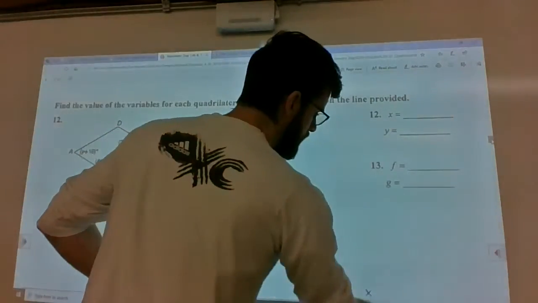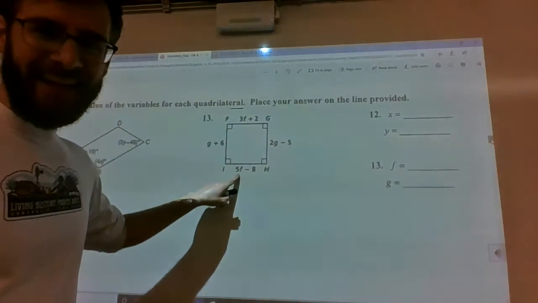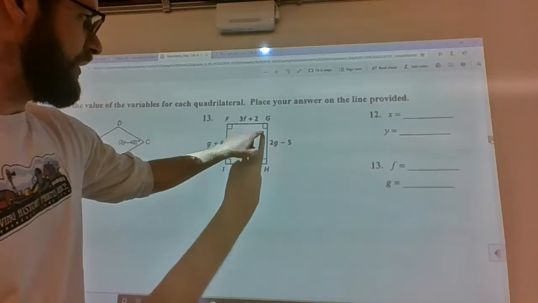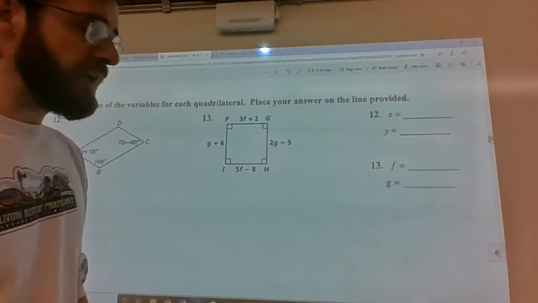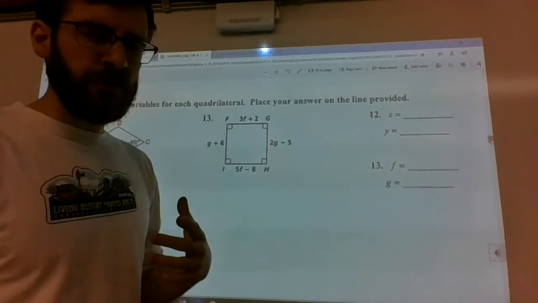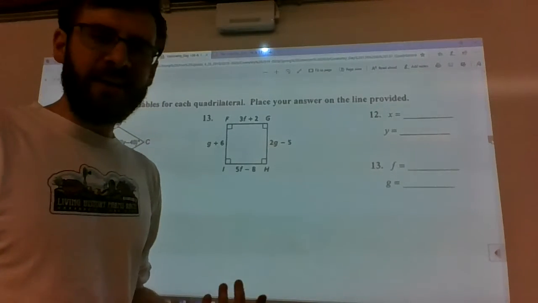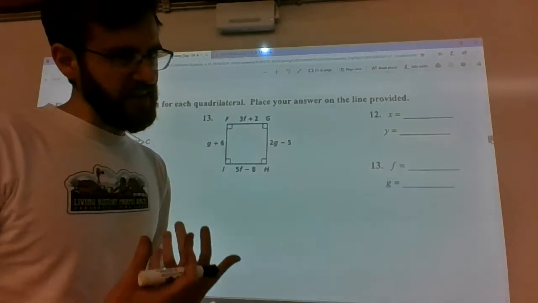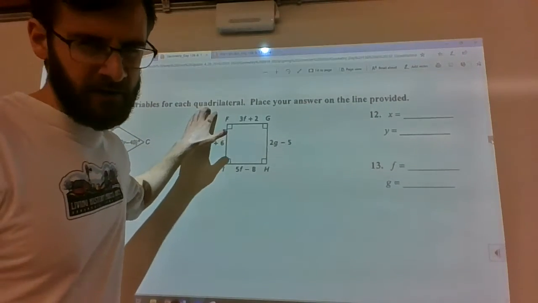Now, what about if we're given only sides? Well, these are all 90-degree angles, so we know we got a rectangle. So does that help us any better with a quadrilateral? Not necessarily, because we know they're parallelograms, because I said they were at the beginning. I should have put parallelogram right there.